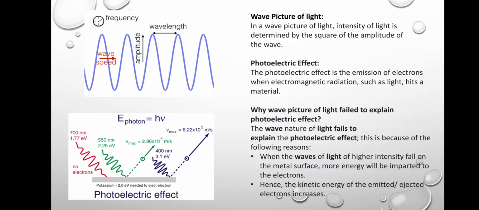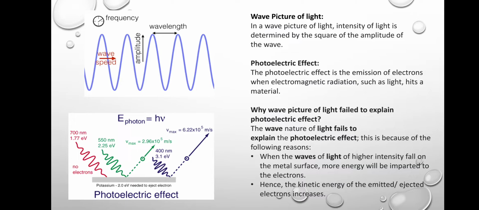So here they say the intensity is determined by the square of the amplitude. So just the wave is enough, they say. But the photoelectric effect says that electrons are emitted when electromagnetic radiation such as light hits the material. So this wave picture fails to explain the photoelectric effect.